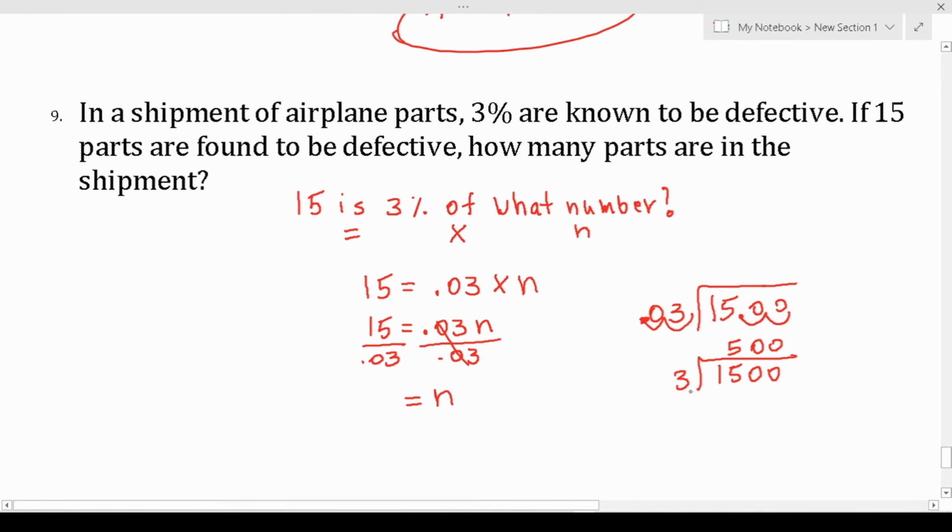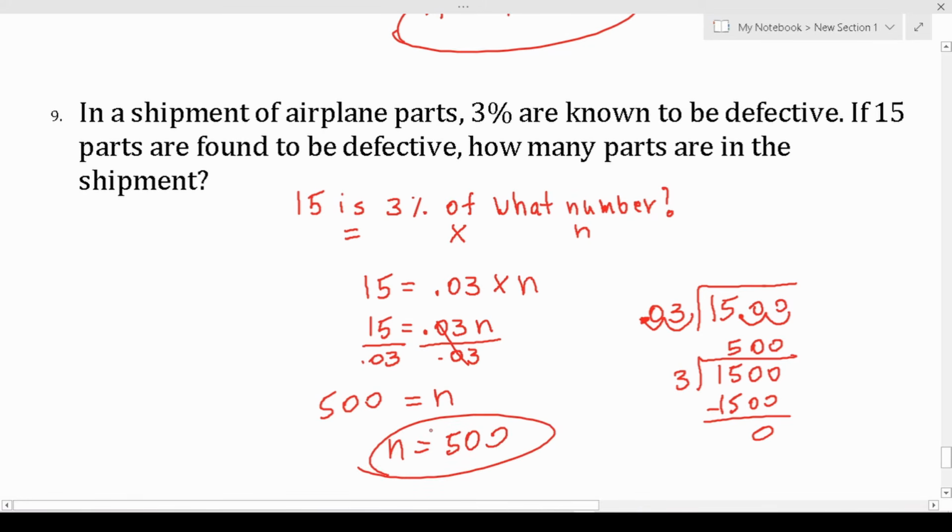So 3 times 500 will be 1,500 with no remainder. In other words, and again in math it's customary to write the variable for which you solved on the left. So in other words, there are 500 parts in the shipment. If 3% were defective, and that 3% corresponds to 15 parts.